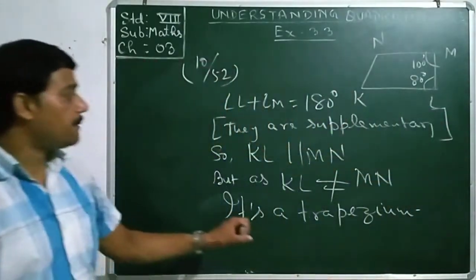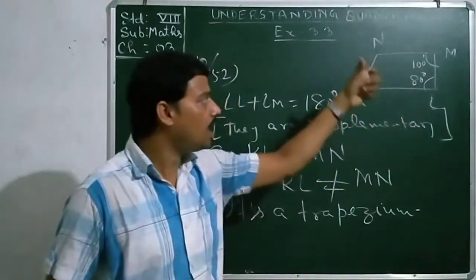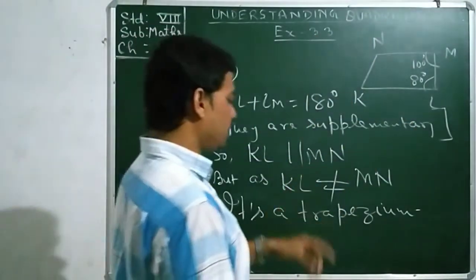Because we know in a trapezium there is one pair of parallel lines and that pair is not equal.